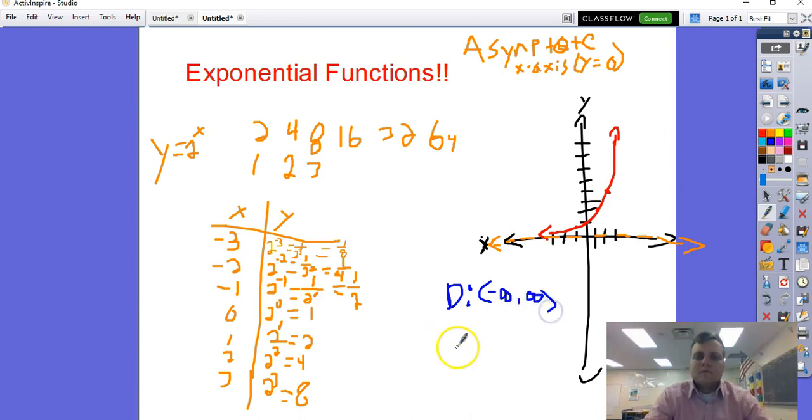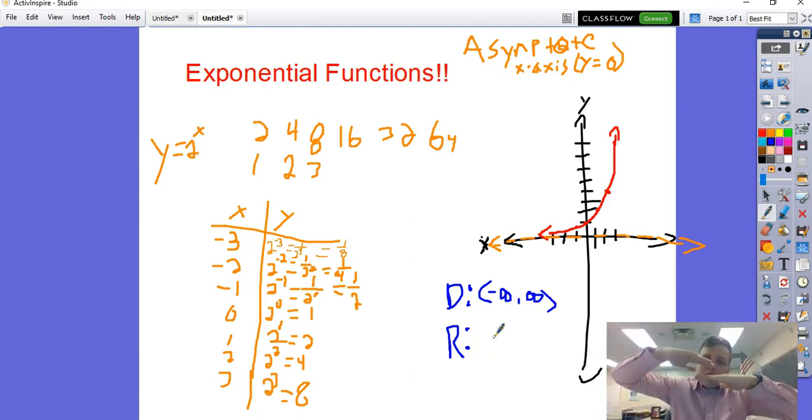Now, what about the range? Well, that gets a little trickier for some students. What appears to be my lowest y value? Well, you say it keeps getting lower and lower, but you said never touch 0. So I don't really know what my lowest y value is. Well, what we do is we say that 0 is our lowest y value because that red line will get closer and closer and closer and closer to 0, but it'll never actually touch 0.